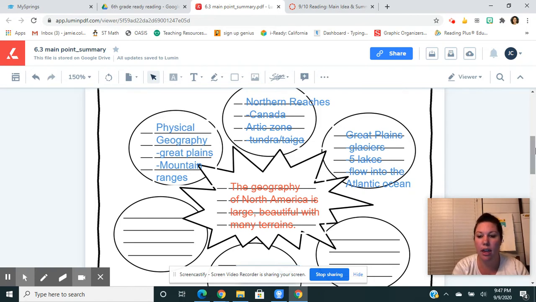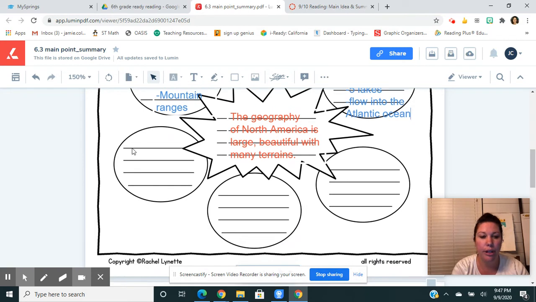Okay, and another one would be, I'm going to come back over here, the temperate forest. Some information about the temperate forest is it includes the deciduous trees.